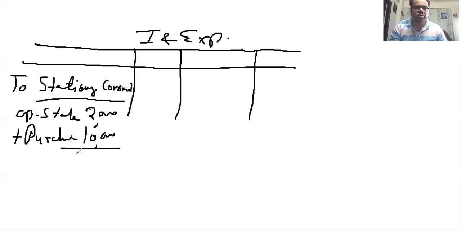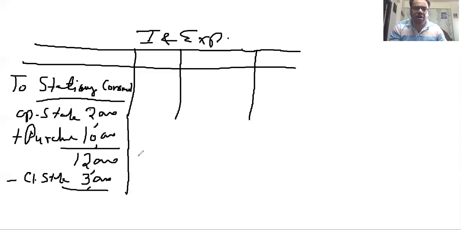The total comes to 12,000, and then subtract the closing stock as well. Closing stock is rupees 3,000. So on the debit side, in the outer column, the final amount will come to 9,000. So your answer will be the amount debited to income and expenditure account, rupees 9,000.